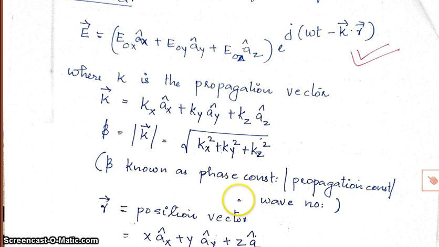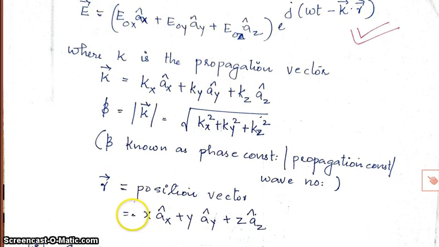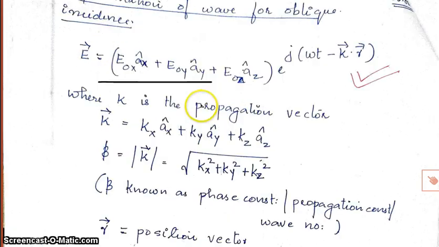Beta is known as phase constant, or sometimes wave number or propagation constant, and r is your position vector, which is defined as x ax plus y ay plus z az, where x, y, z are the coordinates, and ax, ay, az represent the equivalent unit vectors along the x, y and z axis. So this expression is also important, how you represent electromagnetic wave for oblique incidence.